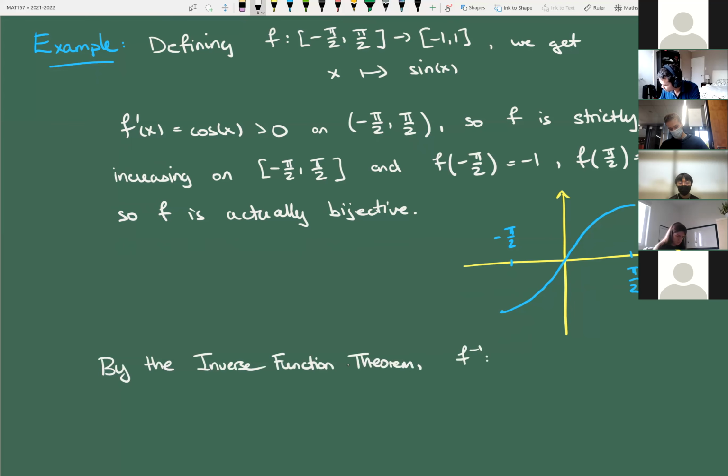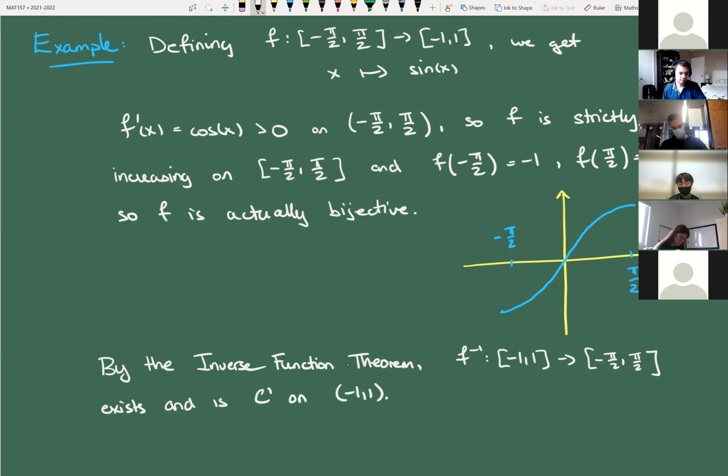F inverse, mapping (-1, 1) into (-π/2, π/2), exists. I mean, we actually already knew it existed, because we don't need the inverse function theorem to say that the inverse exists, because we know the function is bijective. What we will use here is that this is automatically differentiable on (-1, 1) and is C1 on (-1, 1).